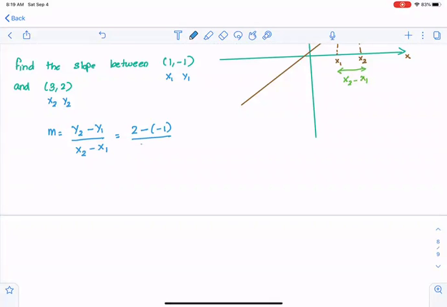And x2 minus x1 is 3 minus 1. So we have 2 minus negative 1, which is positive 3, divided by 3 minus 1, which is 2. So we get 3 divided by 2. The slope is 3 over 2. Slope is positive, so the line is increasing.